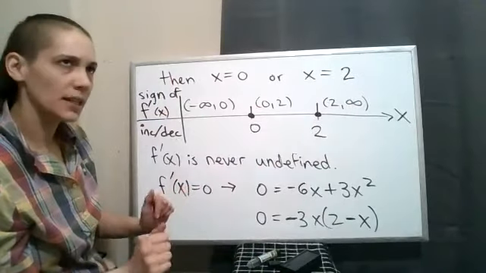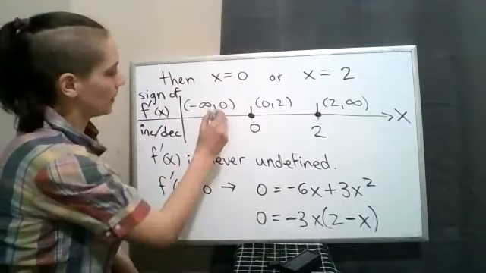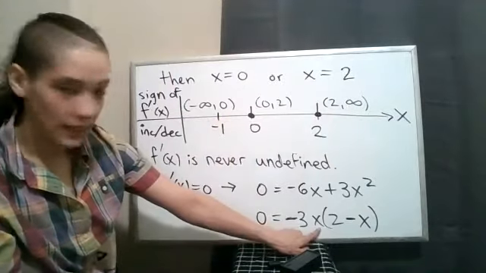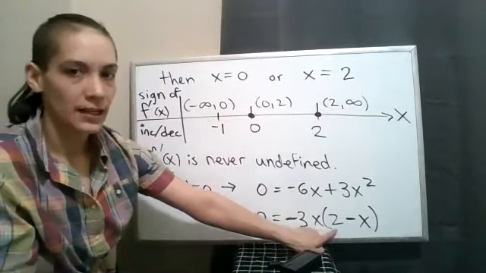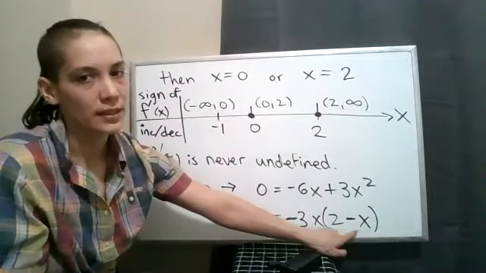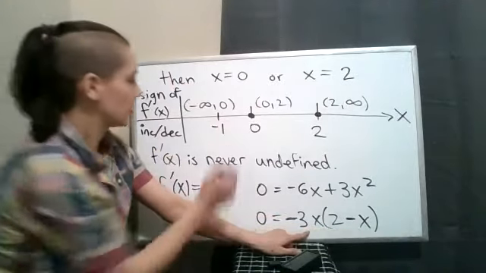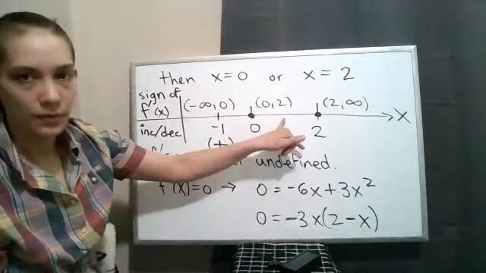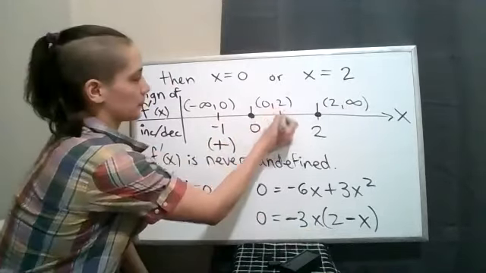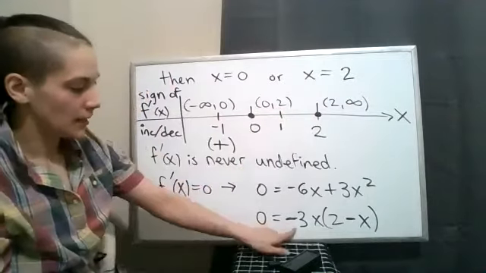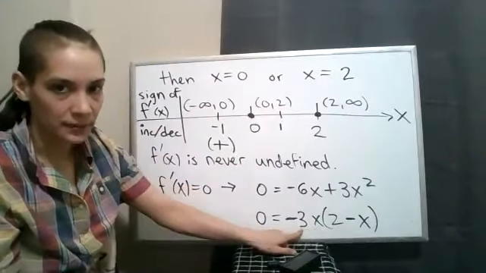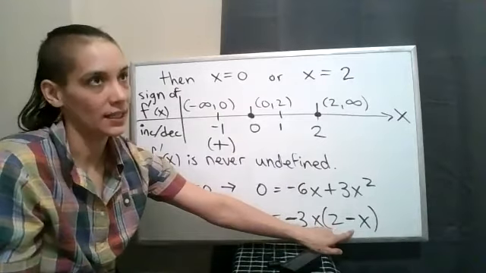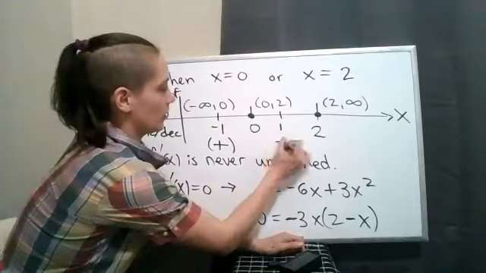Let's put in something like negative 1. We have a negative times a negative 1, and this would be 2 plus 1, so this will give you a positive number. Let's put in 1. Negative 3 times 1 is negative 3, so that would be negative.